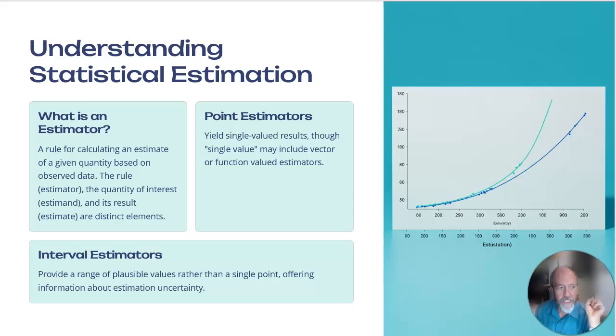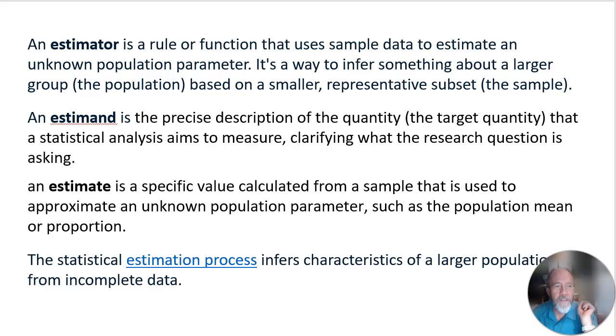I've got some definitions that I put together that I'd rather read that are better for this. First, an estimator. An estimator is really a rule or a function. It's part of a process of getting an estimate. It uses sample data, and it's used to estimate an unknown parameter of a population.